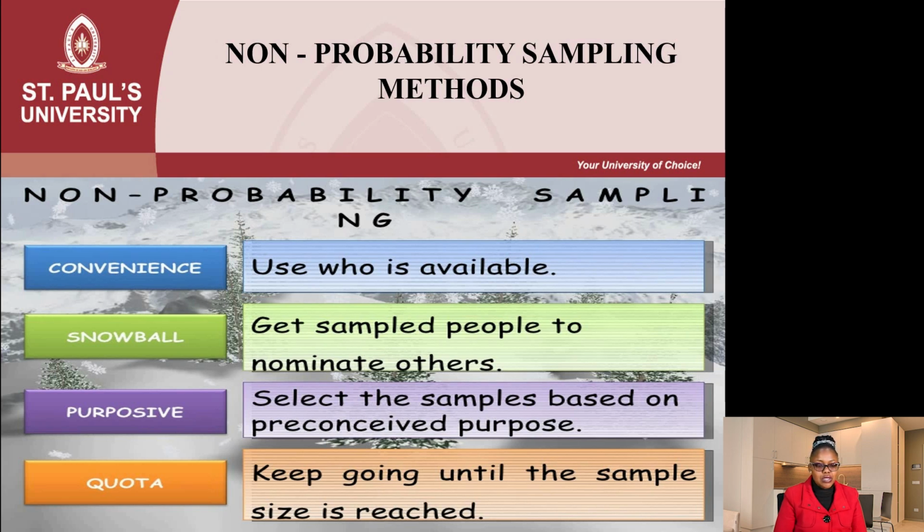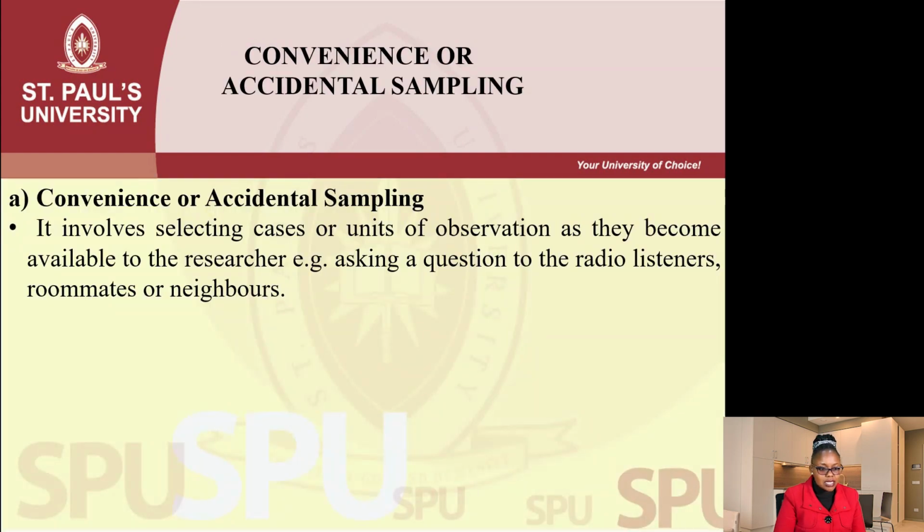That is why we are using purposive. And then quota is where you have a criteria of the kind of person that you are looking for. And so you have quotas that I'll be explaining about, until you get the right person with the information that you want.